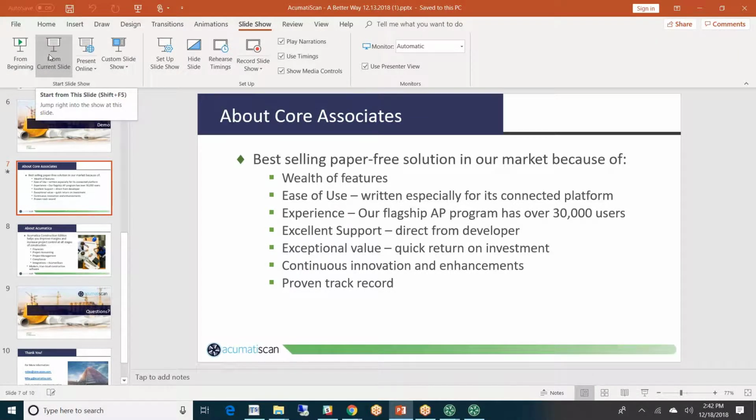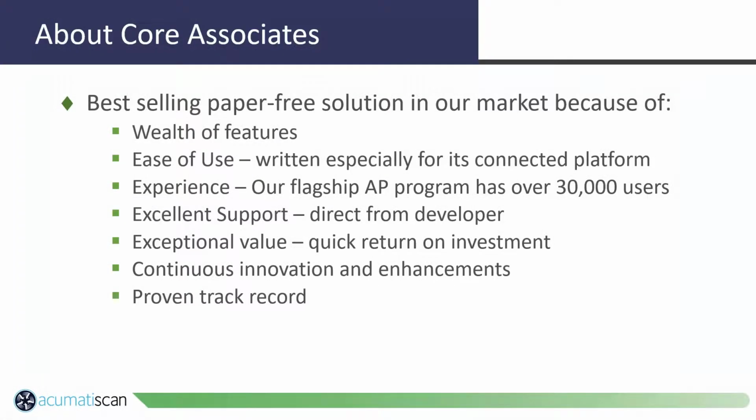Okay, so just to give everyone a little bit of a brief background on Core Associates, and then Mike will spend a moment talking about Acumatica. Core Associates, as I think I may have alluded to earlier, has been around for about 12 years. For those of you who may be familiar with a product called TimberScan, that was a product that we developed specifically for Sage 300.